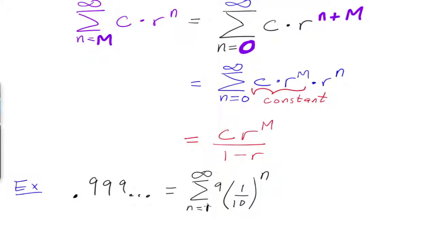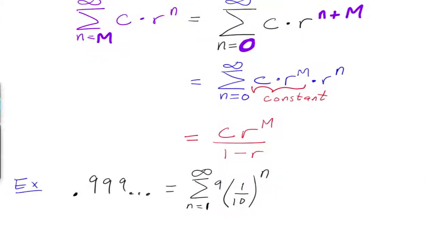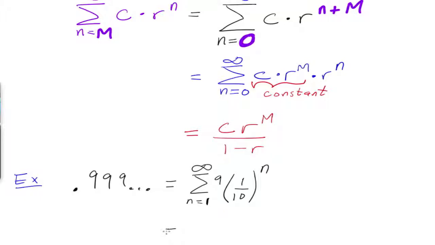So we already know r is less than 1, and so it's going to converge, but instead of converging to 10, this time it's going to converge to c times r to the m. What would that be? So c is equal to 9, times r to the m, where r is 1/10 and m is 1, right?